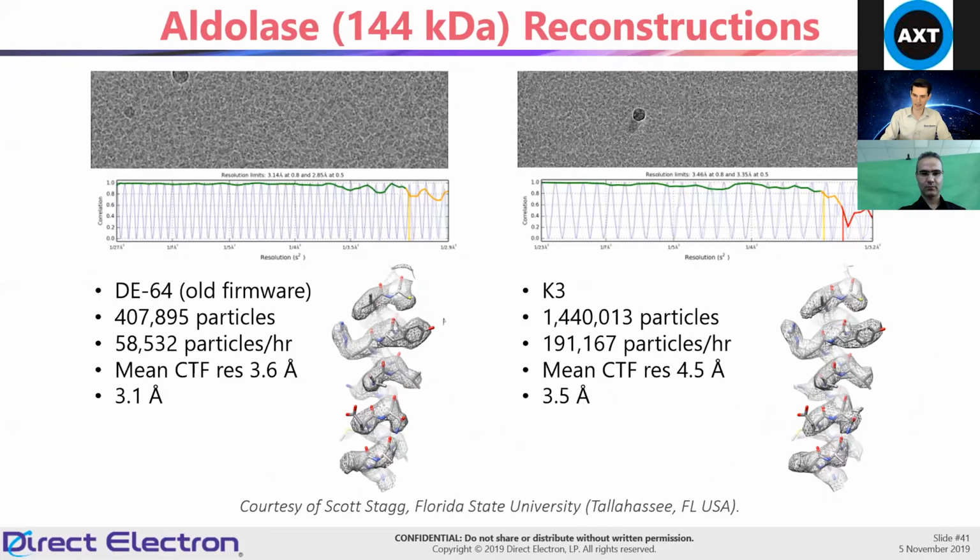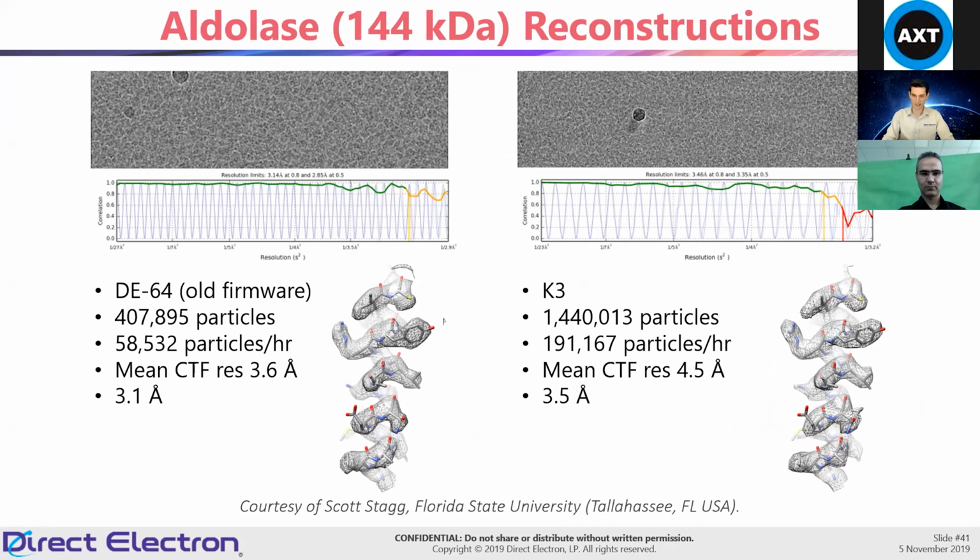And let's talk about performance comparison. On the left-hand side, we have the DE64 results. On the right-hand side, the K3, operated in zero loss imaging mode on the BioQuantum. The big takeaway from this figure is that the DE64 is significantly slower than the K3. The K3 is extremely fast. They get about 3 times more particles per hour than the DE64.